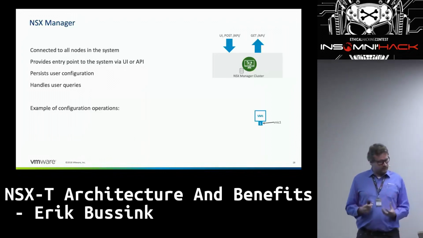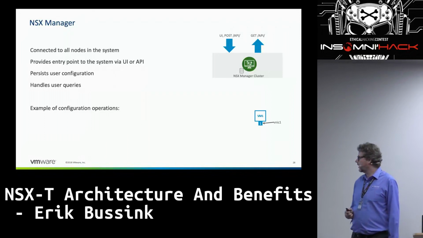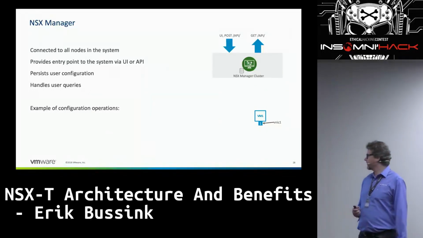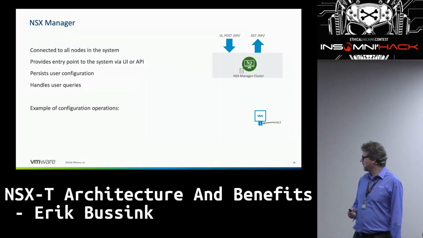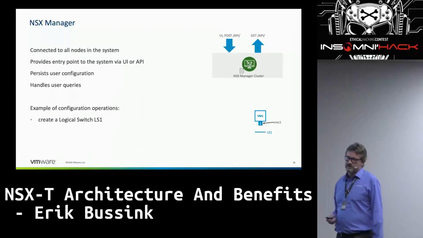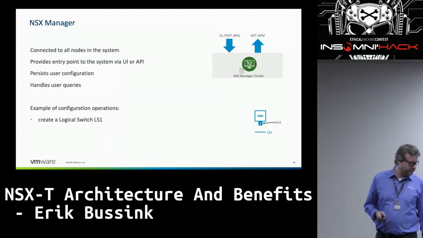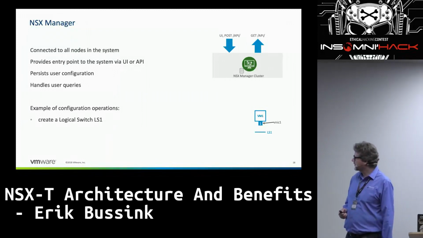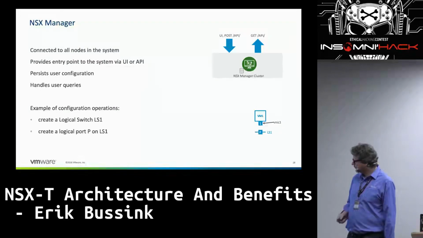So if I want to connect a virtual machine to a network, it's going to be via the manager that we're going to configure. So I've got my virtual machine 1. It's VNIC. I'm going to create a logical switch. The short name for this is LS, naturally. We like to keep those small names in the documentation.